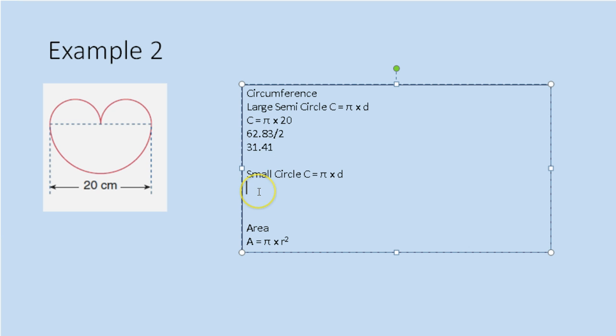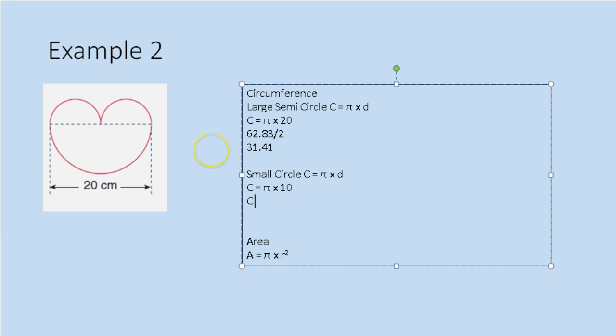Alright, let's have a go at the small one now. The circumference is equal to pi times, now what's the diameter of these ones here is half the large one, so it would be 10. So pi times 10 is 31.41, same as up here. So that means that both of these together is 31.41.